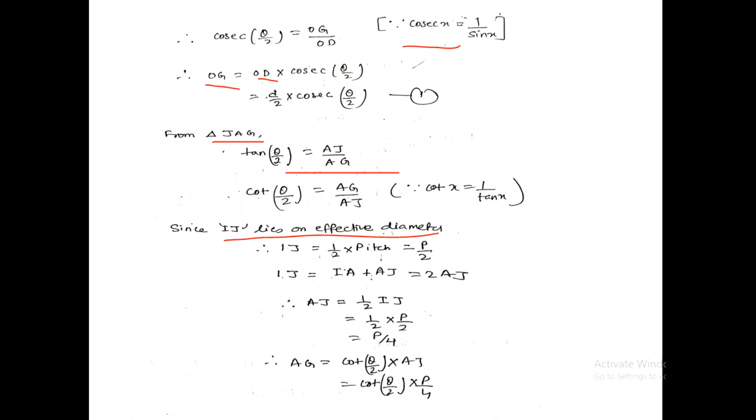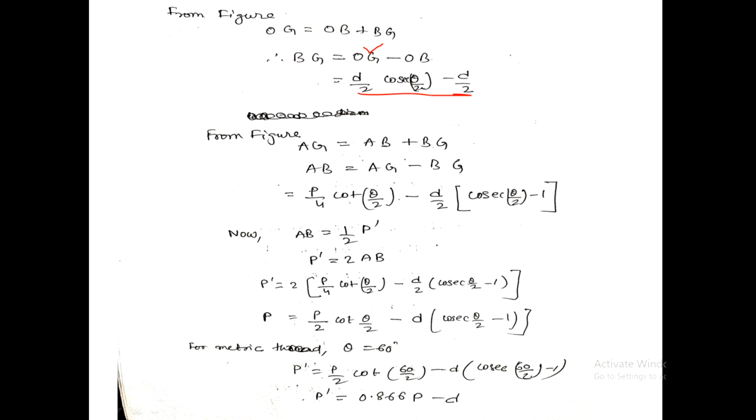Then what will be AG? AG is equal to cot theta by 2 into AJ. Put the value of AJ, P by 4. From the figure, OG is equal to OB plus BG. So this way we have simplified. We have put the value of OG and we have got this expression.